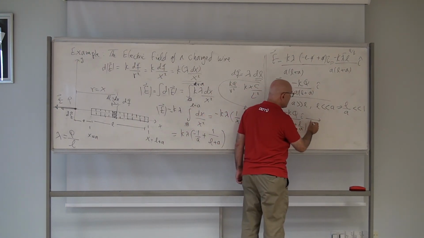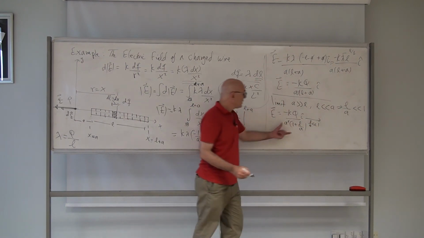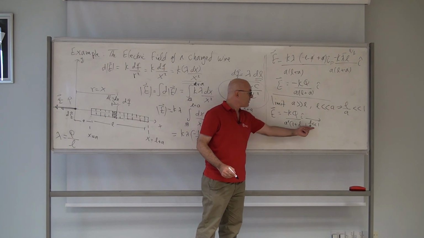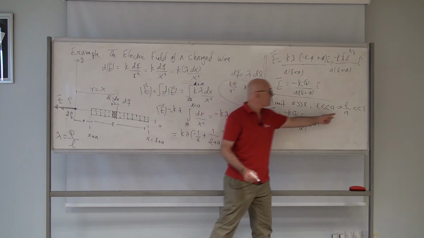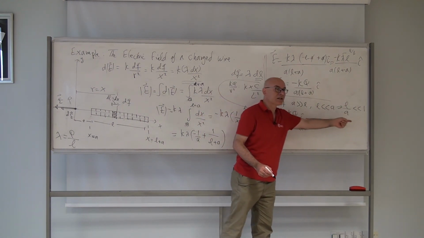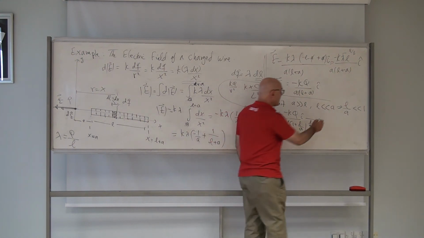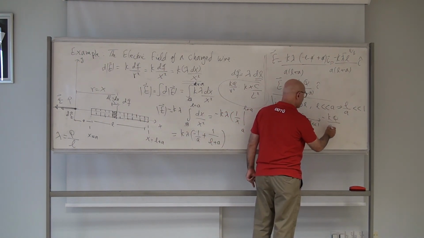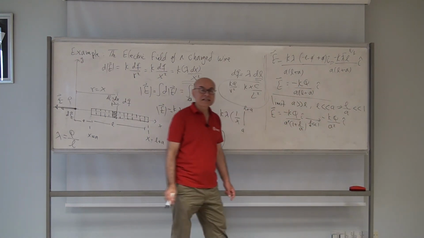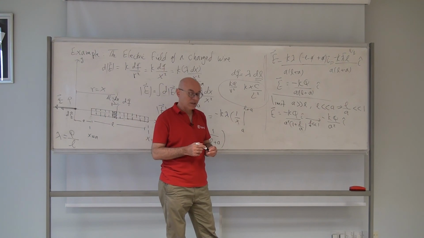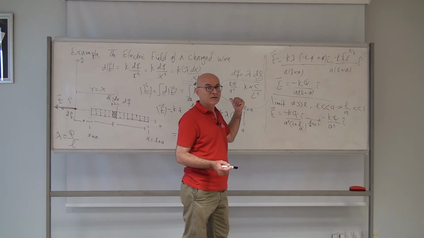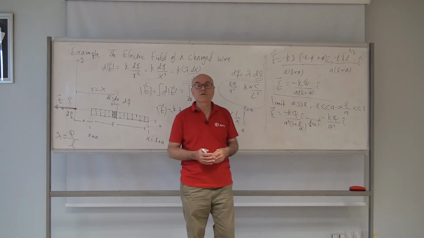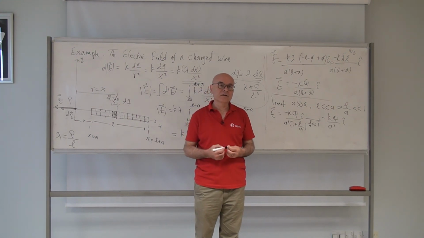Since L over A is much less than 1, you ignore this term in comparison to 1, and you get minus KQ over A square along I hat, which is exactly the expression you expect, the electric field of a point charge, pointing in the negative x direction. So now you are confident that your expression for the electric field is correct.